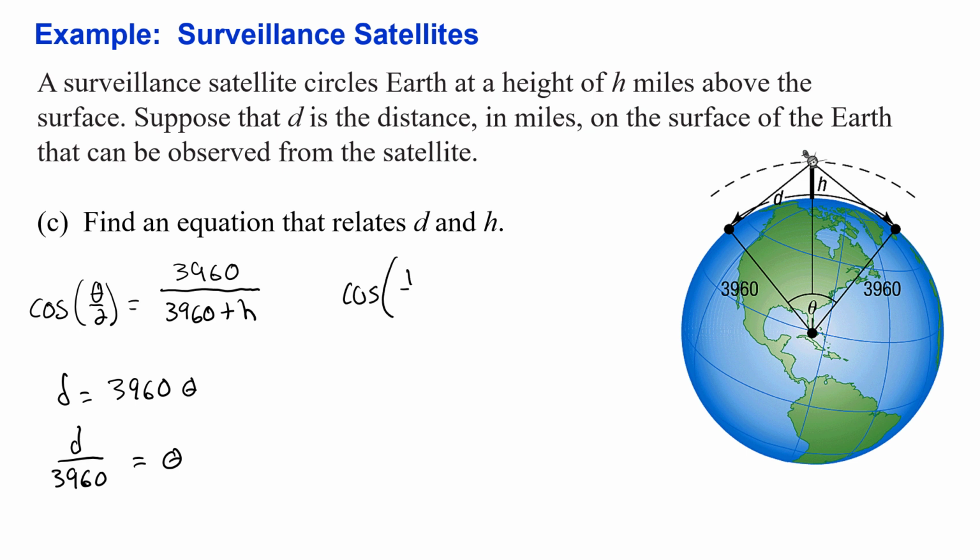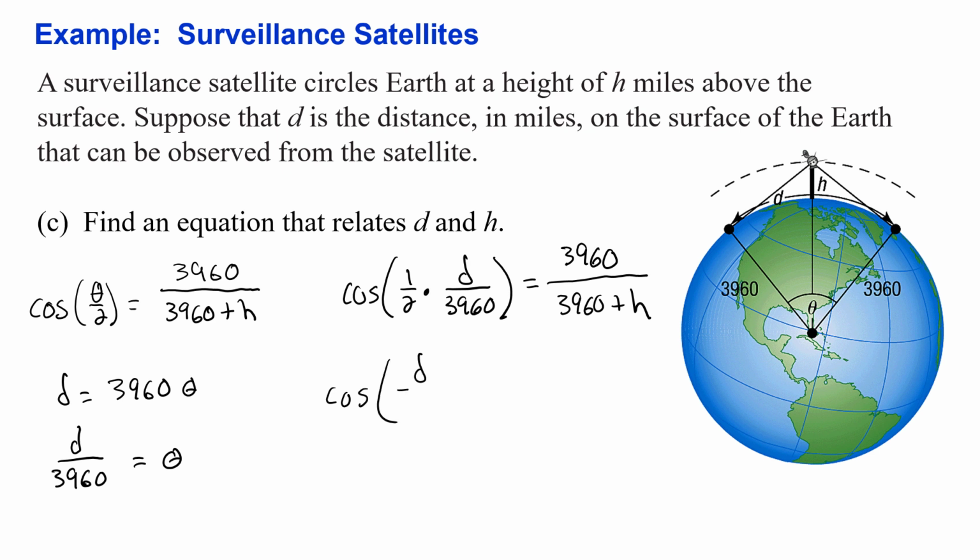We get cosine of the quantity 1/2 times d divided by 3,960 equals 3,960 divided by the quantity 3,960 plus h. Simplifying inside the argument of the cosine function, we can write cosine of the quantity d divided by 7,920 equals 3,960 divided by the quantity 3,960 plus h.